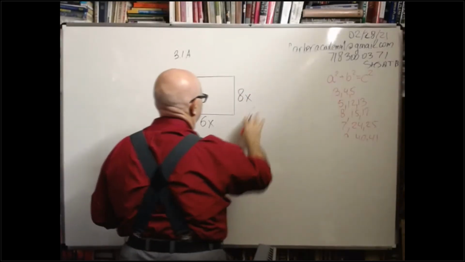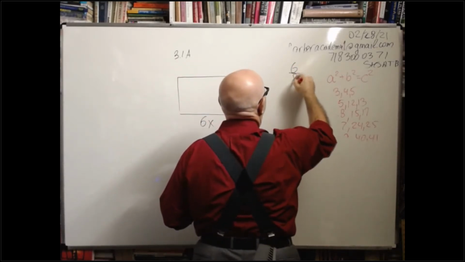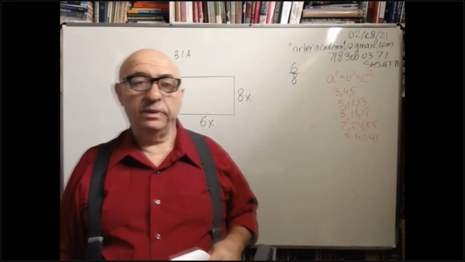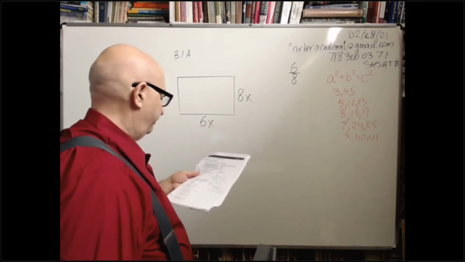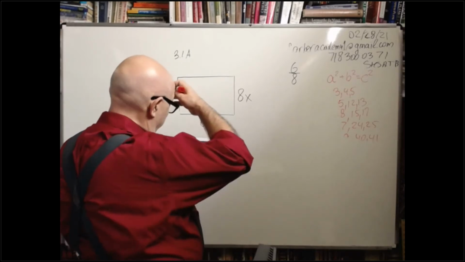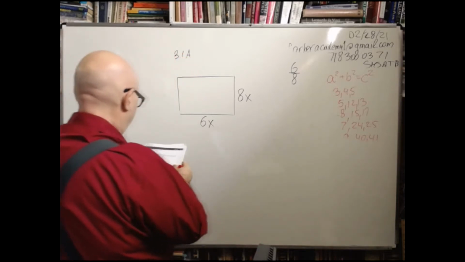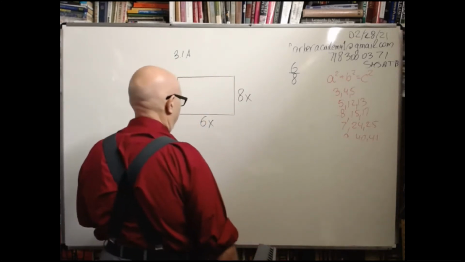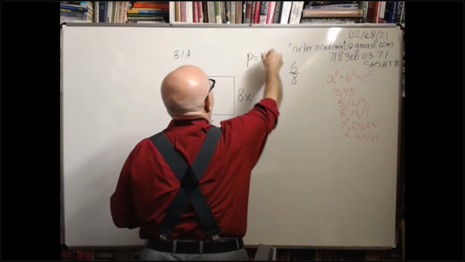Why use x? Because 6 to 8, maybe it's 12 to 16. You always use a scaling factor. Perimeter equals 420 feet.